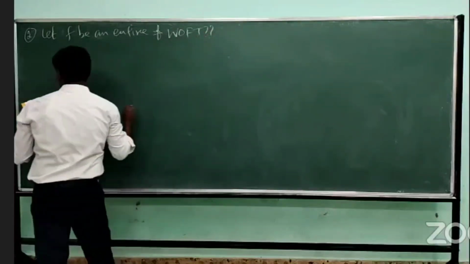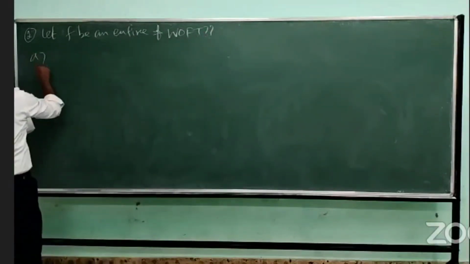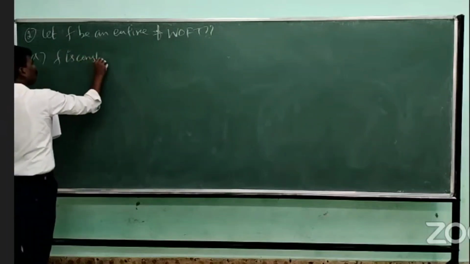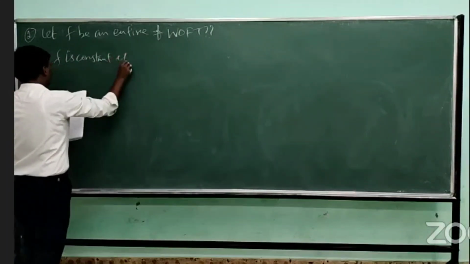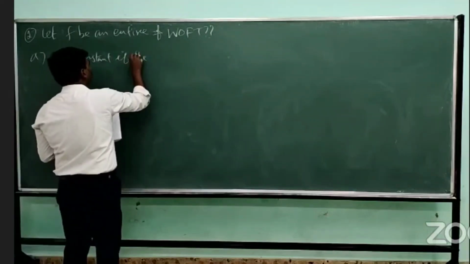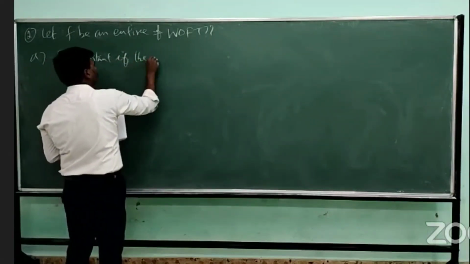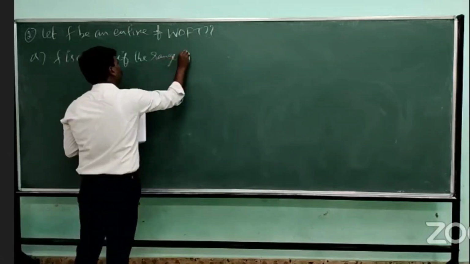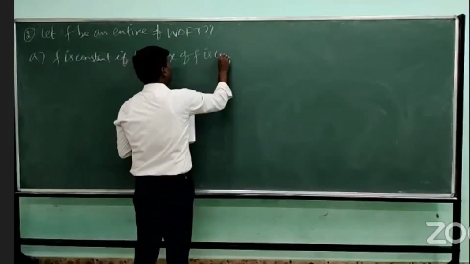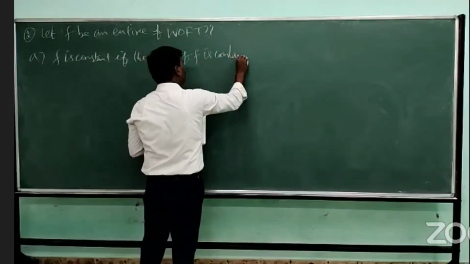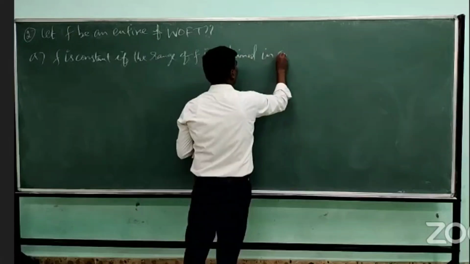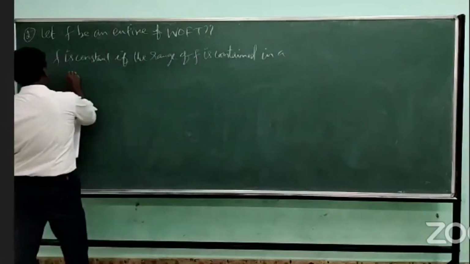Option A: f is constant if the range of f is contained in a straight line.